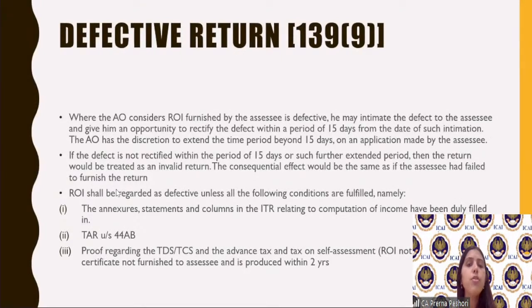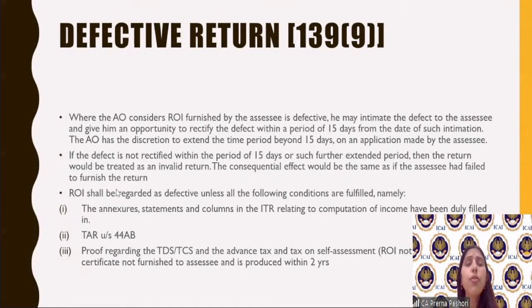So 292B places the responsibility on the assessing officer to not treat the return of income as invalid merely because of some small lapses, if the particulars of the return of income are in substance conforming to the intention or the purpose of the Income Tax Act.